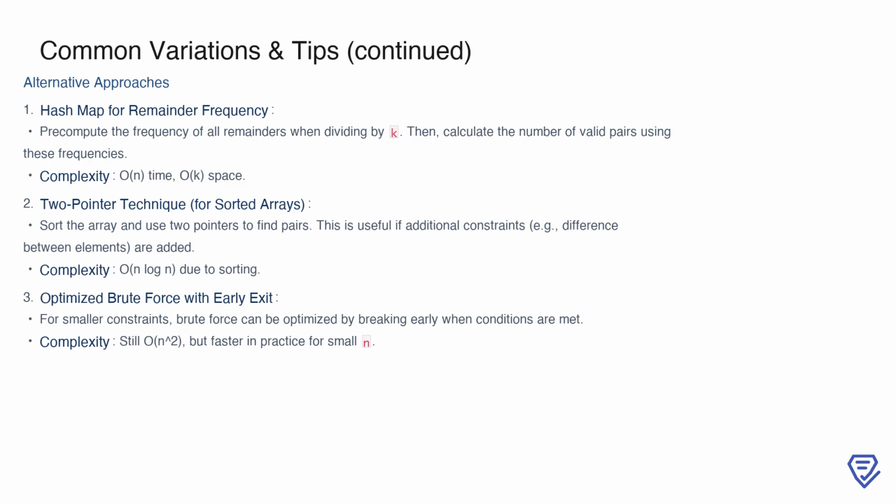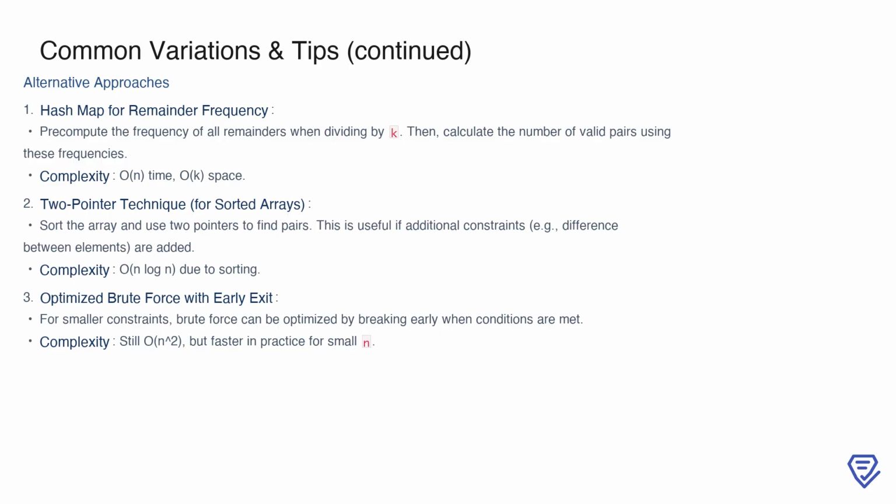One powerful method is using a hash map to store the frequency of remainders when dividing elements by k. This allows you to efficiently calculate the number of valid pairs by analyzing these frequencies, with a time complexity of O(n) and space complexity of O(k). Another option is the two-pointer technique, which works well for sorted arrays. By sorting the array first, you can use two pointers to identify pairs that satisfy the given conditions.